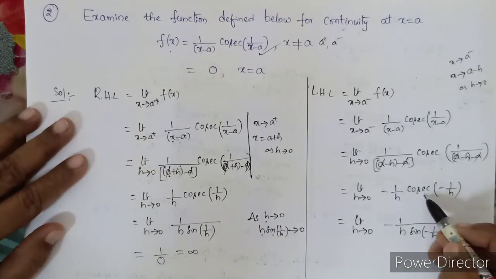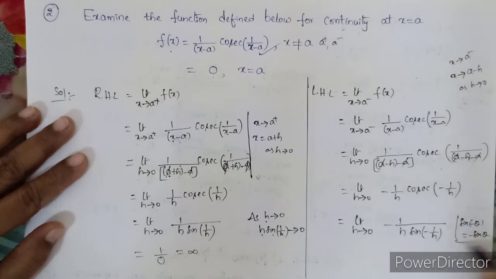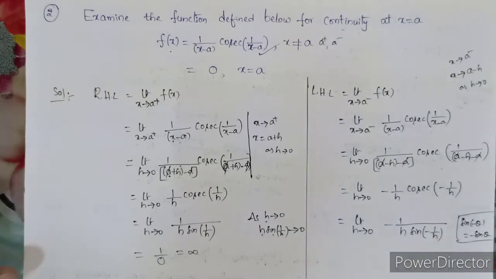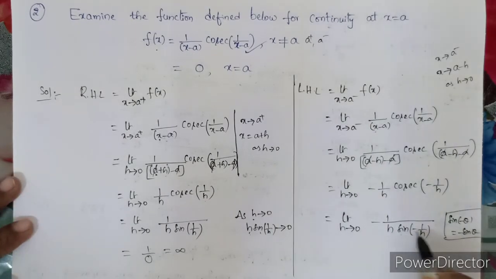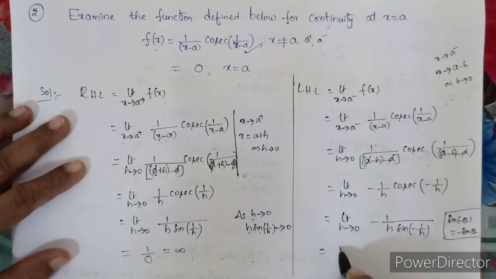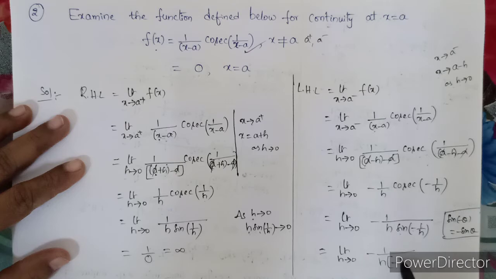We are writing cosecant theta as 1 by sine theta. As we all know, sine of minus theta is equal to minus sine theta, because this is an odd function. So sine of minus 1 by h, we write it as minus sine 1 by h.